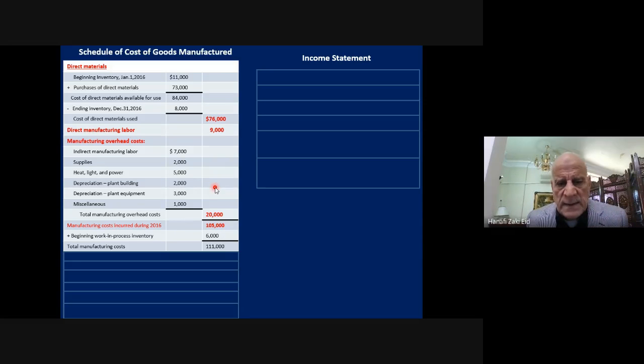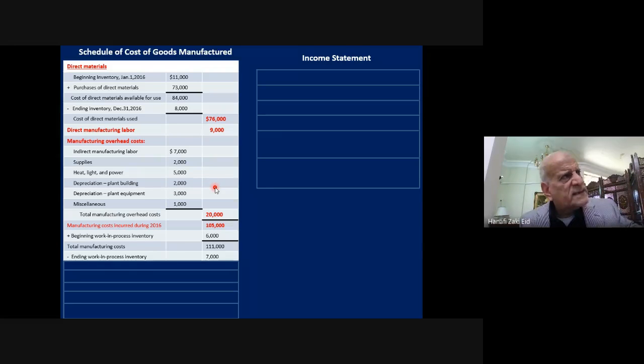But this total represents all the units. Some of these units were completed, but the others are uncompleted. They are under processing. So if we subtract the part which was uncompleted, minus ending work in process inventory, we will have the cost of the part which was completed.